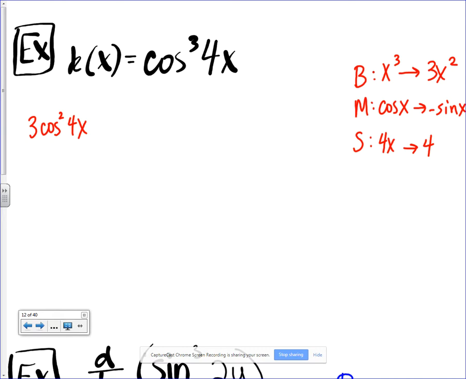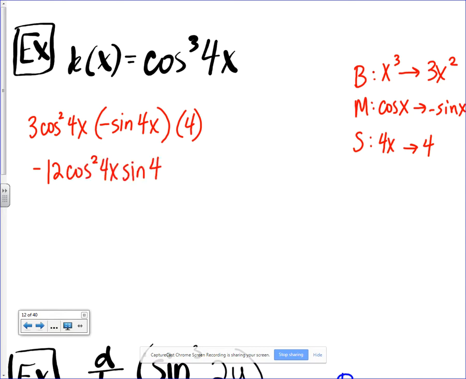Okay, now I'm going to multiply by the derivative of the medium function, but I have to put the small function in there. And then I have to multiply by the derivative of the small function. So it looks something like this. When you combine everything together, it looks like that.